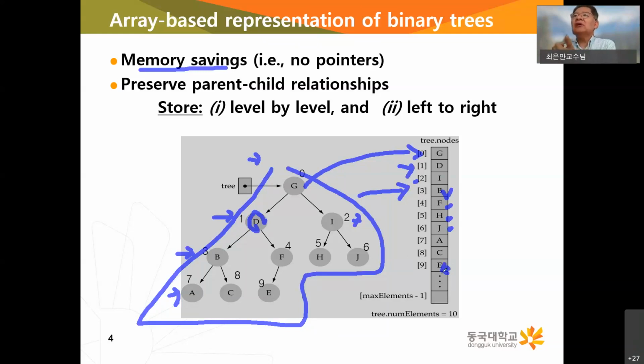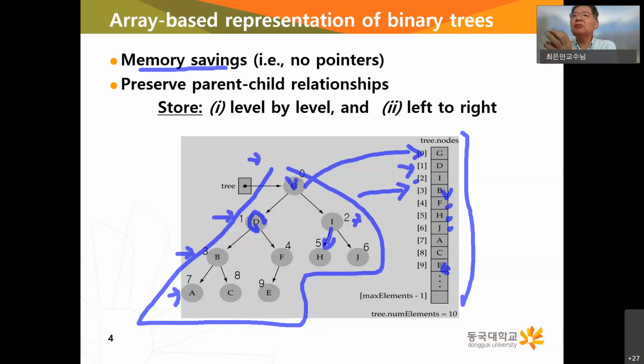But one question is how to find out the children or parent of any node, okay? Why? There is no link field in here, right? How can we calculate? 어떻게 찾아낼 수 있을까요?